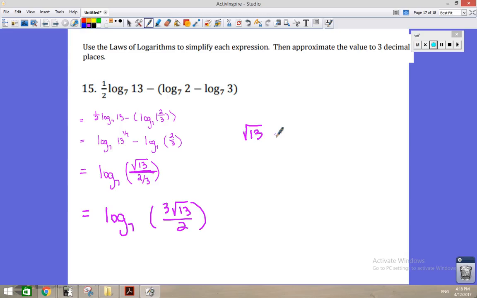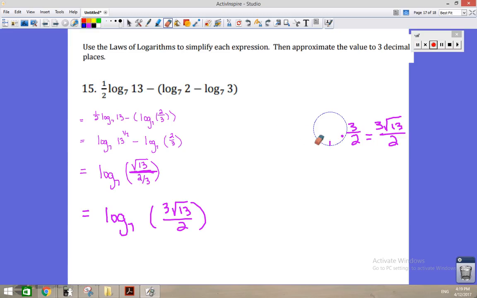This division bar can be written like this, and when you divide, you can change it to multiplication if you take the reciprocal of the divisor. And if you multiply straight across, you get 3 radical 13 over 2, which is what I have down here.